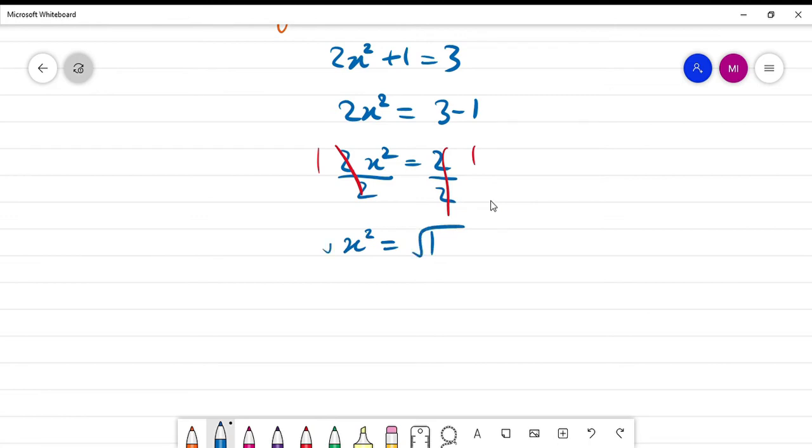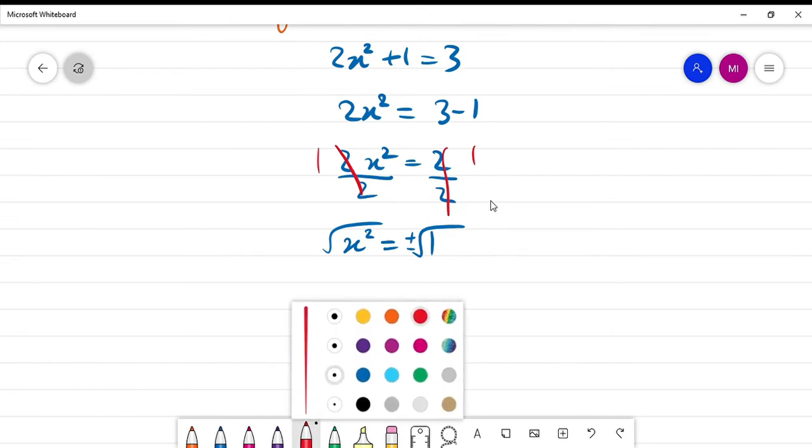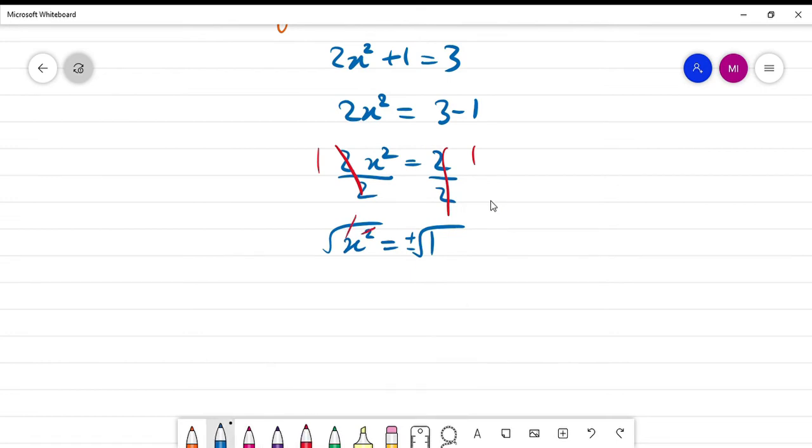Taking the square root on both sides, positive and negative, x is equal to positive and negative square root of 1, and we get x is equal to positive and negative 1.